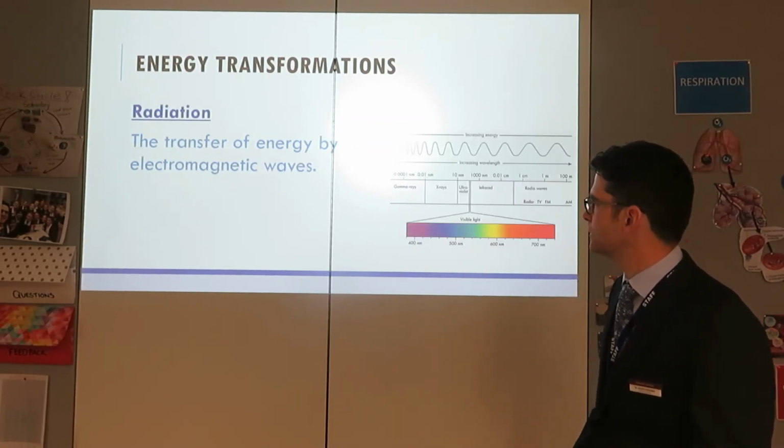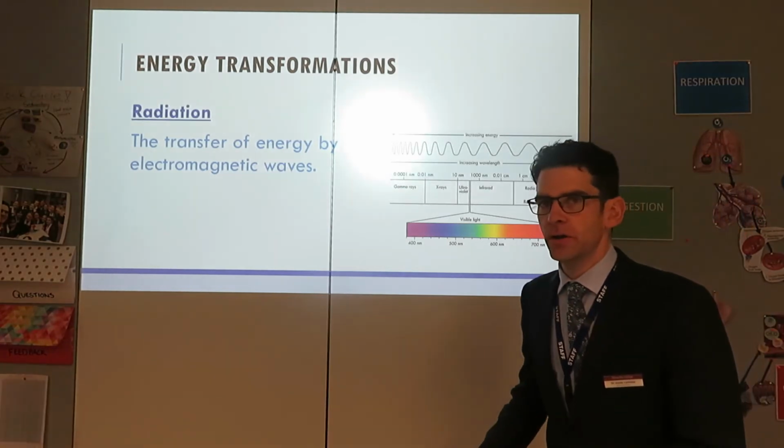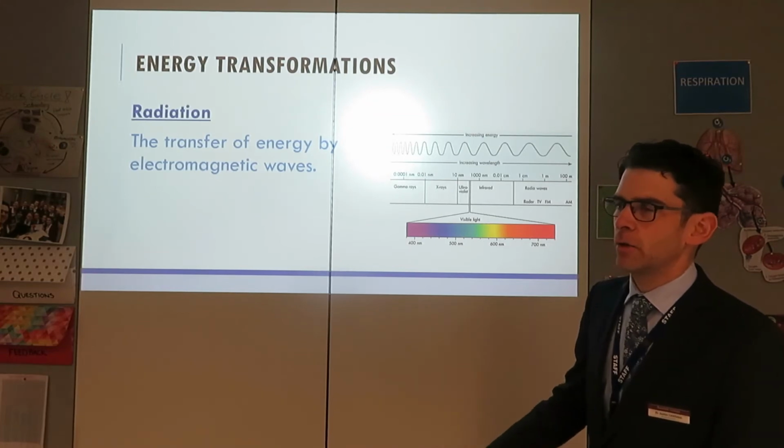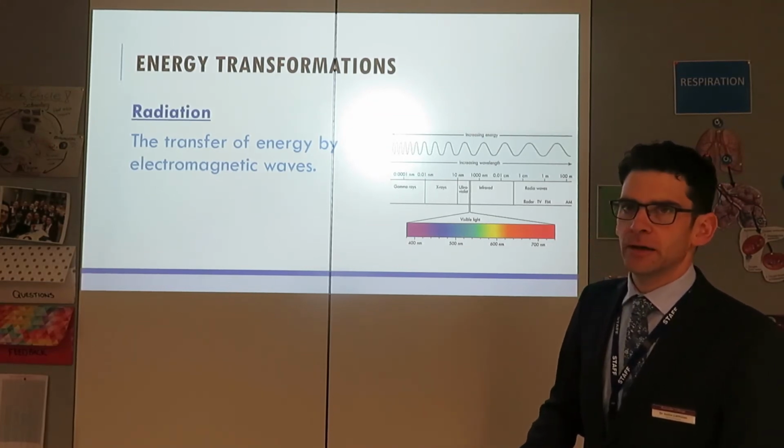So let's take a closer look. Radiation is the only type of transfer that doesn't necessarily involve an object that has mass. It comes from the transfer of energy through the electromagnetic spectrum.